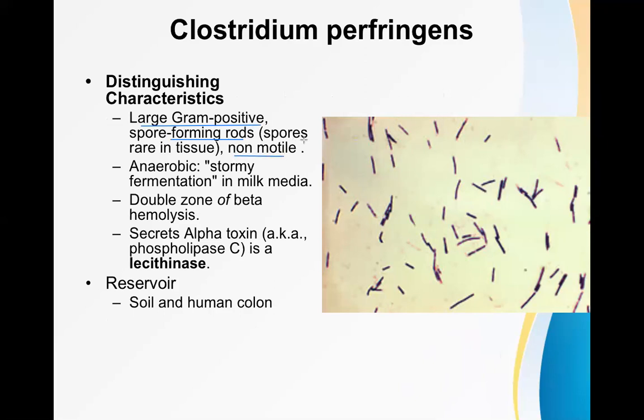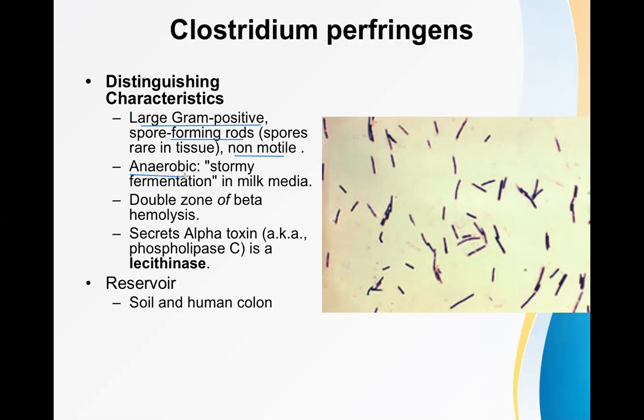The spore is one of the forms of this bacilli. When the environment is tough and they have to fight for survival, they change themselves into a spore form. When the environment is favorable, they germinate again into the vegetative form. So they switch between the spore form and the vegetative form.